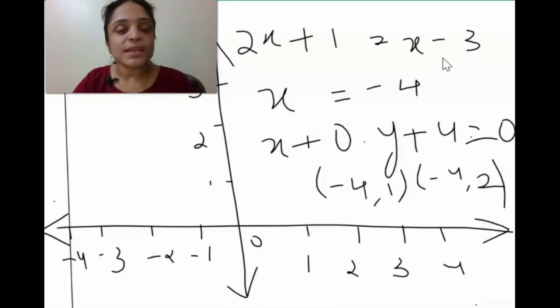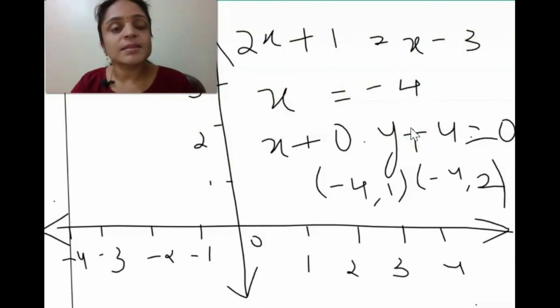Consider the equation 2x plus 1 equal to x minus 3. So here 2x minus x equal to minus 3 minus 1, which means x equal to minus 4. This can also be represented as a linear equation in two variables as x plus 0 into y plus 4 equal to 0. And the solutions of this linear equation are, when you take x equal to minus 4, you can have y as 1, 2, 3, 4, etc. Because 0 into y, you can take any value for y.